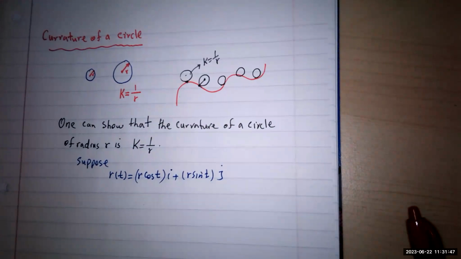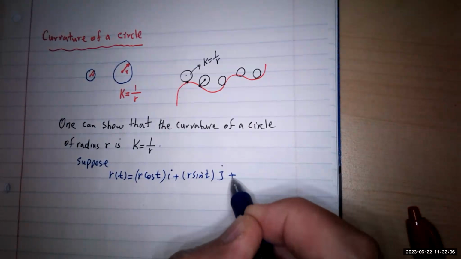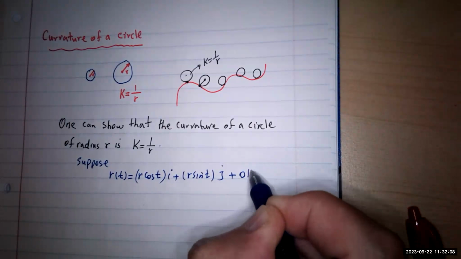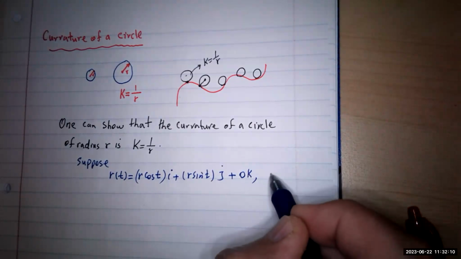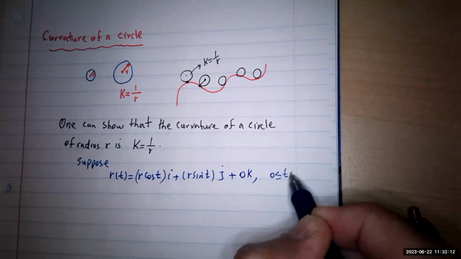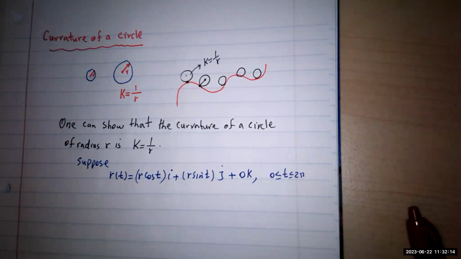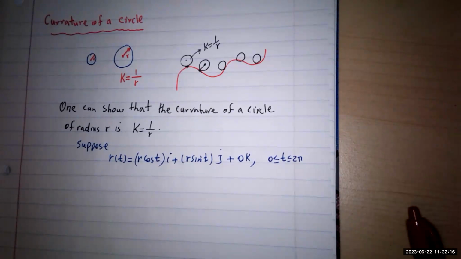The equation of a circle centered at 0 with radius r is x squared plus y squared equals r squared. And to make it three-dimensional, we add 0 times k, and you pick t between 0 and 2 pi. So that's r of t.